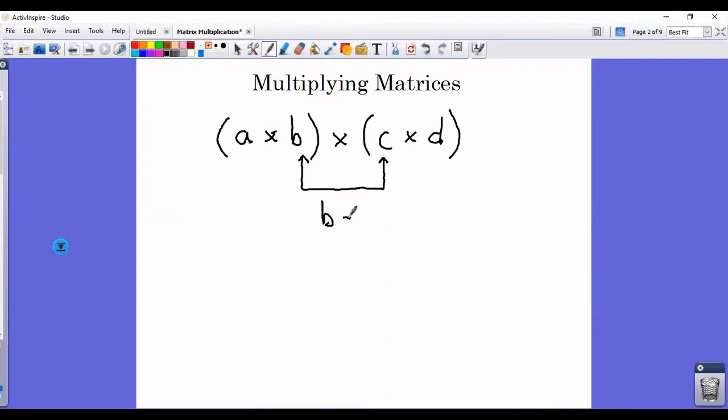B has to equal C, or you cannot multiply it. And as long as those two are equal, your first dimension will be the A, so you'll end up with an A by D.